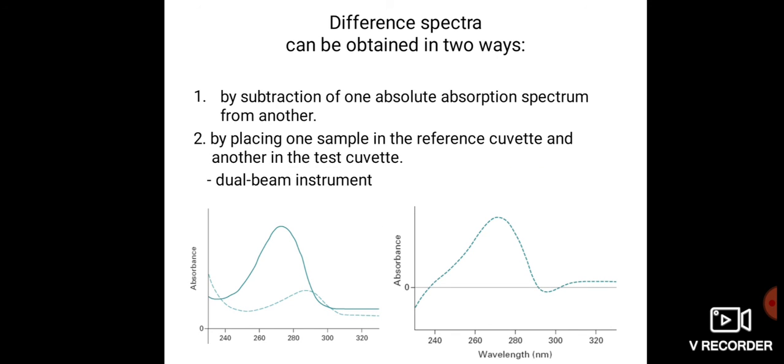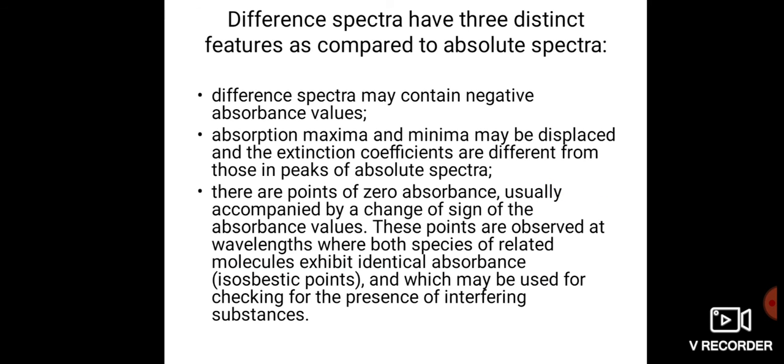Difference spectroscopy can be obtained in two ways: by subtracting one absolute absorption spectrum from another, or by placing one sample in the reference cuvette and another in the test cuvette together and passing them through a double beam to get a difference spectrum. The difference spectrum has three important features compared to the normal or absolute spectra.